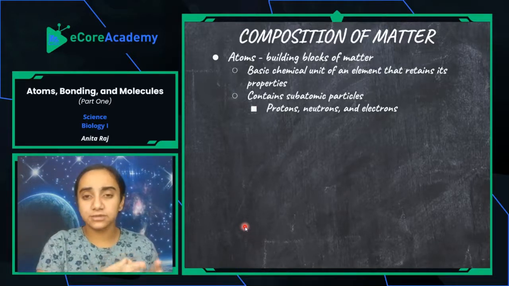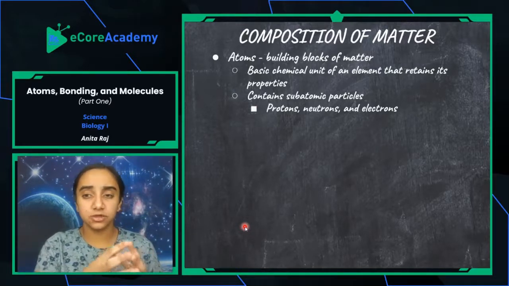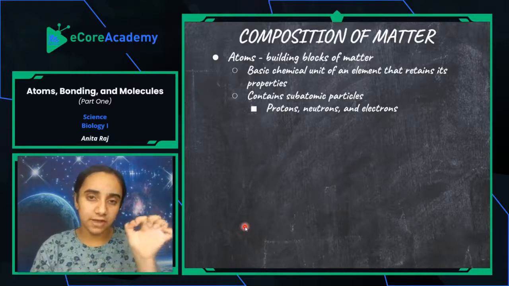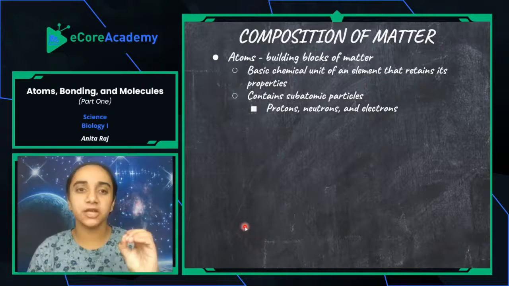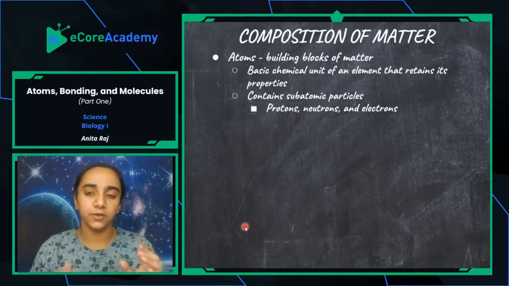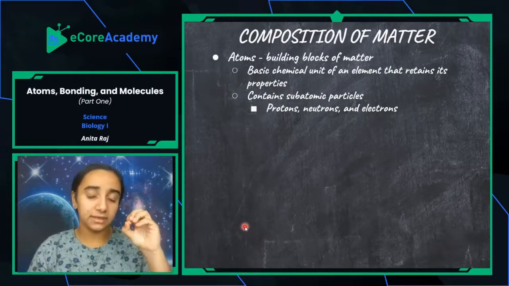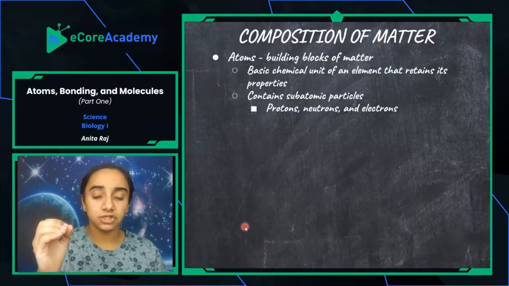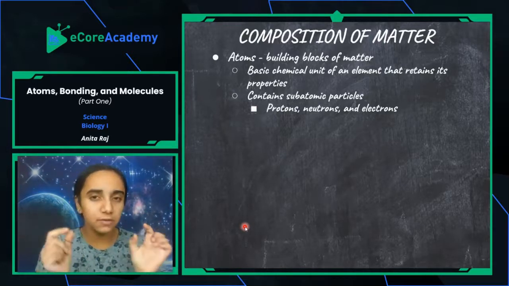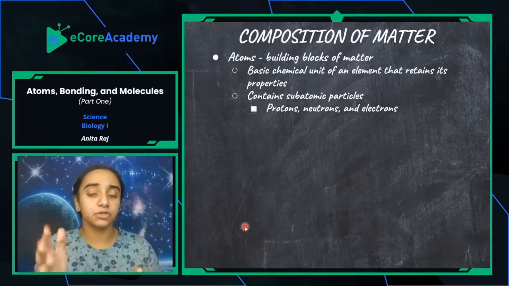Atoms are the simplest forms of an element that still retain its properties. So even if I have one atom, I can still say this is an atom of, for example, hydrogen, an element you're all familiar with. This is an atom representative of oxygen. While these atoms are so small, they still represent something bigger, which are these elements.